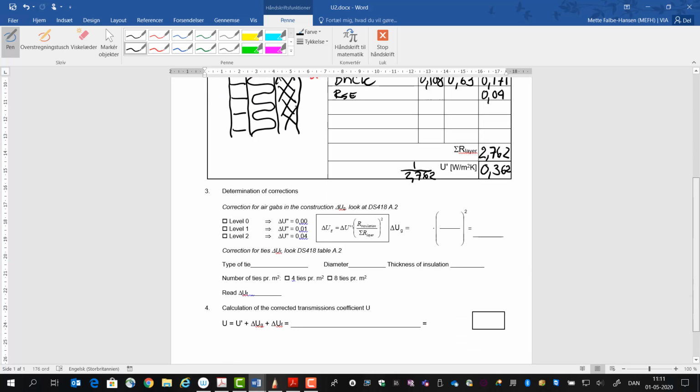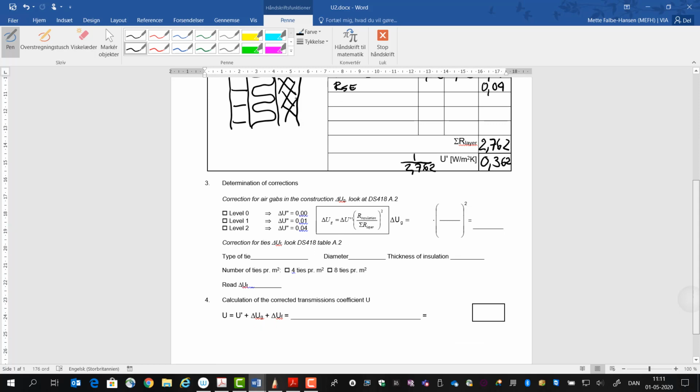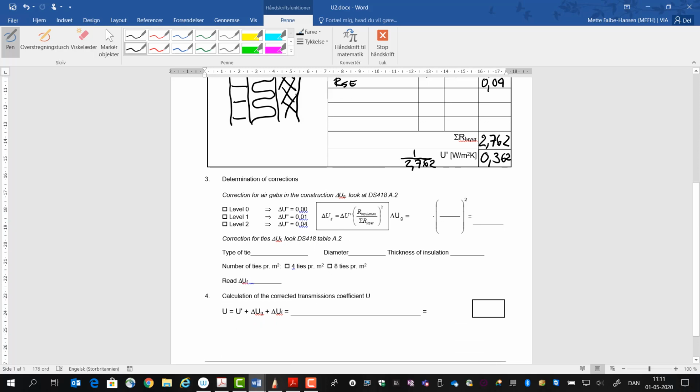And then we have the corrections, and we are in level 0 again here, so no corrections for that, and we don't have wall ties in the cold bridge, so therefore that goes out. So that gives us the U2, the corrected one, that would be 0.362. So now we have the two U values.